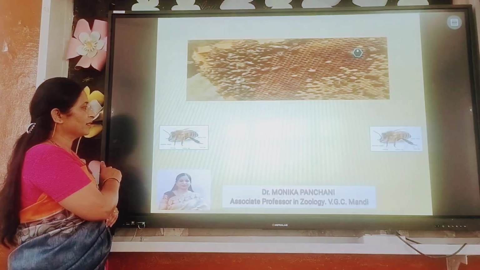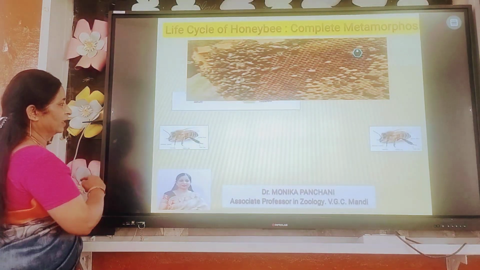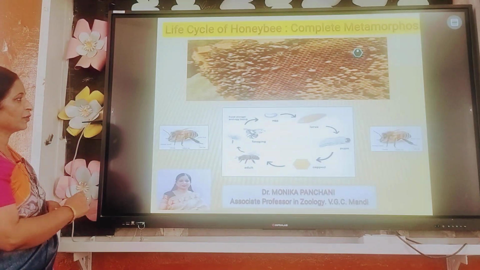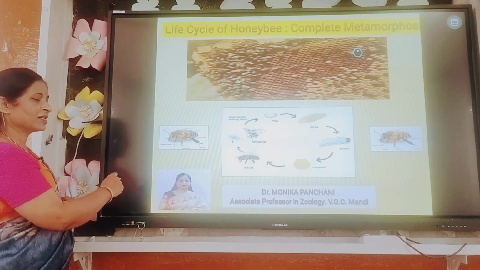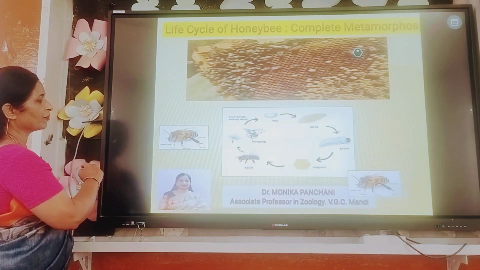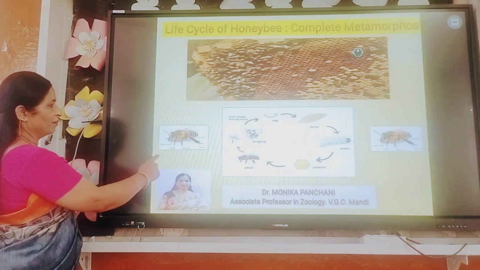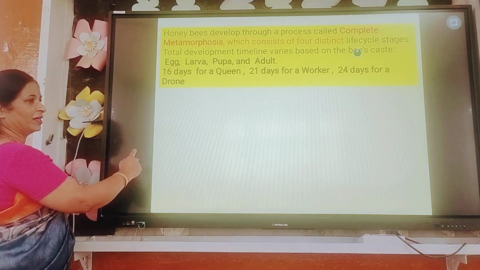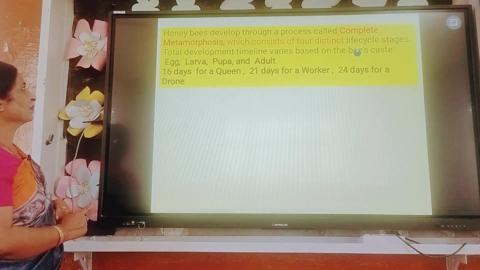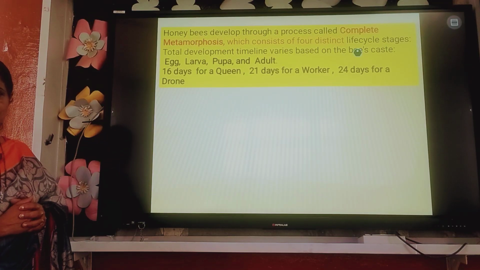So you can see the topic, life cycle of honeybee, and there are many stages starting from the egg, then larva, then pupa and then adult. Starting one by one, you can see these honeybees, which are very helpful in pollination, wandering from one area to another area. Honeybees develop through a process named complete metamorphosis.